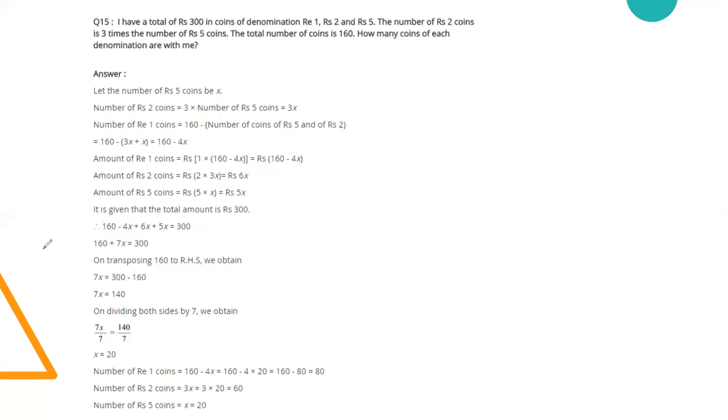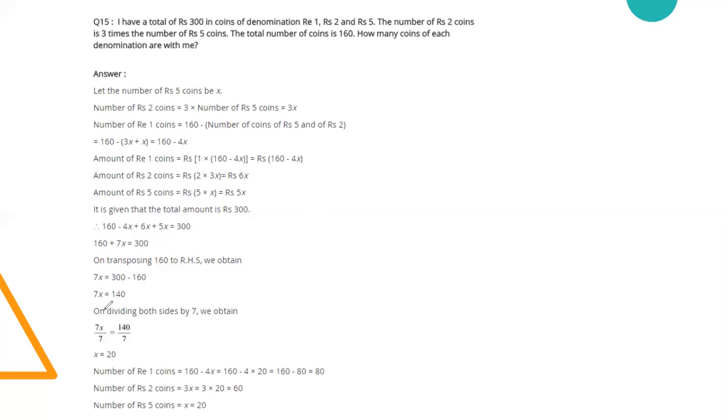Now, we'll just be transposing 160 to the RHS, right? We'll just be using the linear equations which we had learned in the first exercise. That will be converted to minus 160. So 300 minus 160 gives us 140. So 7x equals 140.